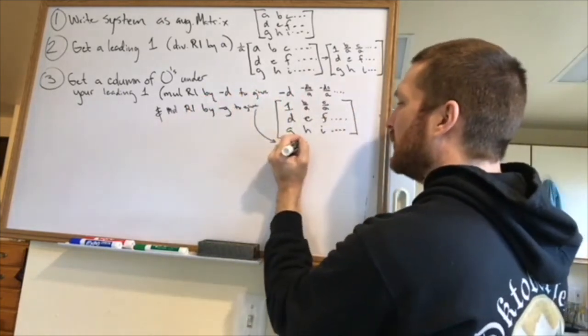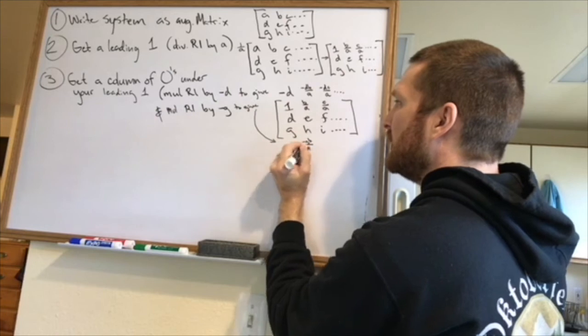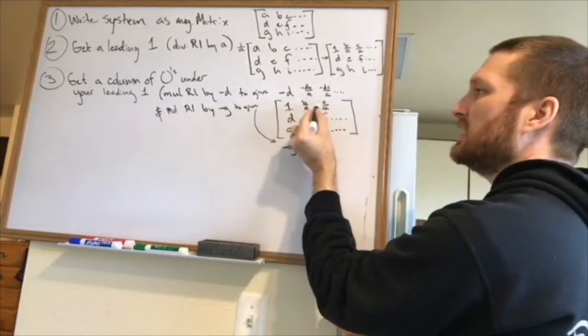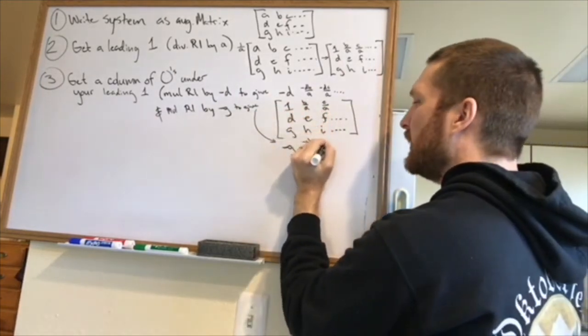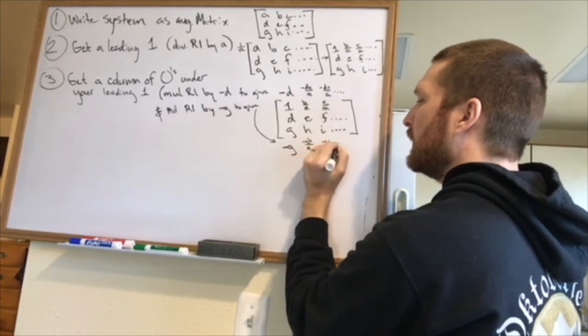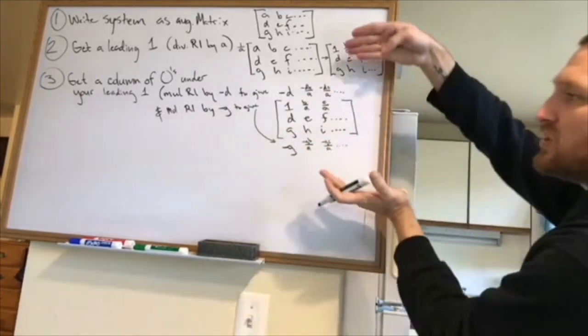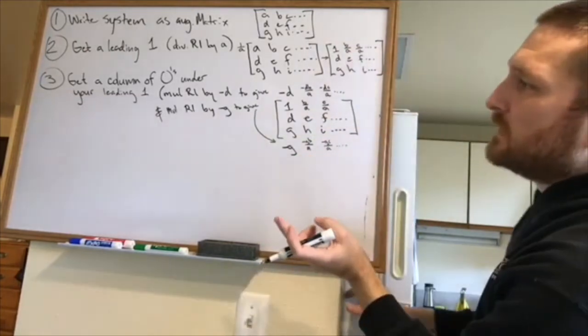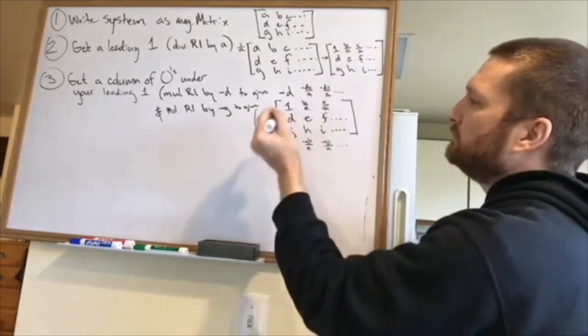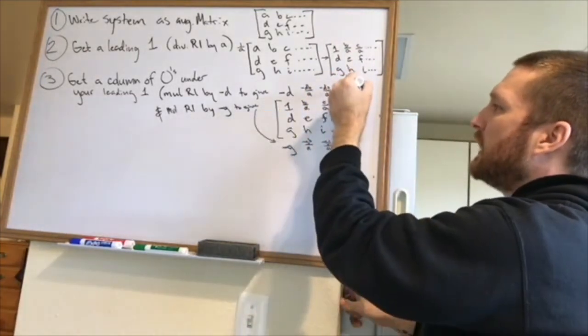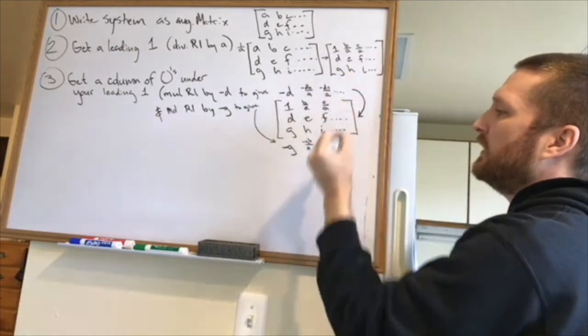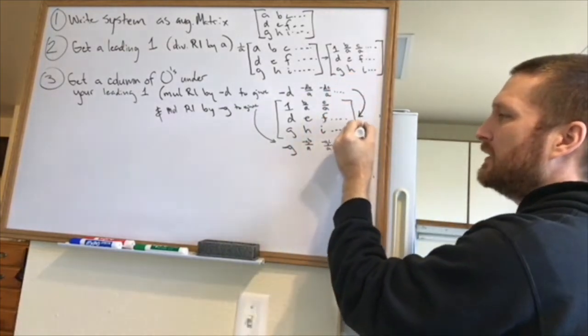You would get negative G times B over A, negative G times C over A, and so on. And then we just add them. So we take that, add it to there, add it to there.